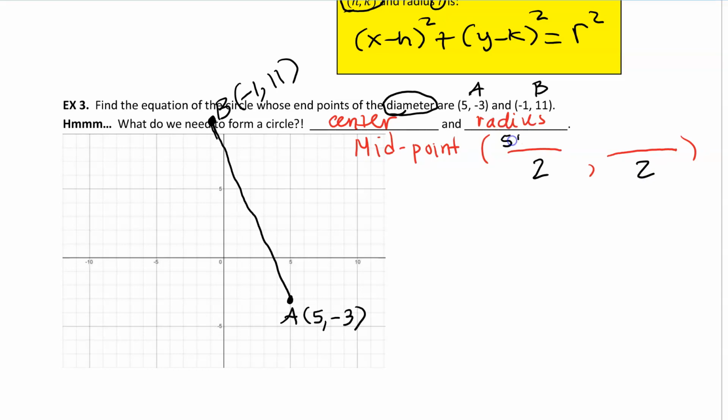5 plus a negative 1 divided by 2 is your x value of the midpoint. Negative 3 plus 11 divided by 2 is the y value of your midpoint. And the midpoint is your center. All right? So where's my center?